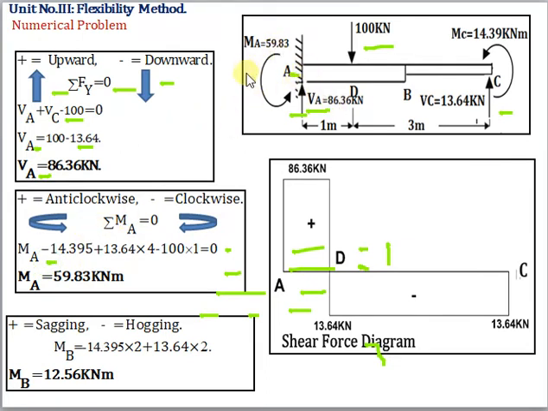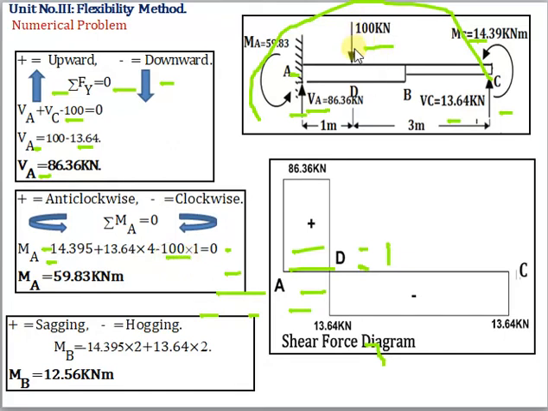Now taking moment about A, let's consider anti-clockwise positive. MA minus 14.395, since the value of this moment is minus, plus this 13.64 into 4, it moves anti-clockwise about A, so plus, into the lever arm 4.